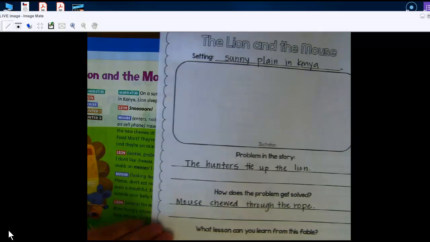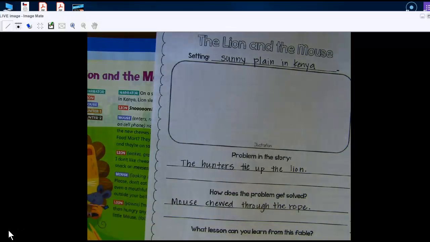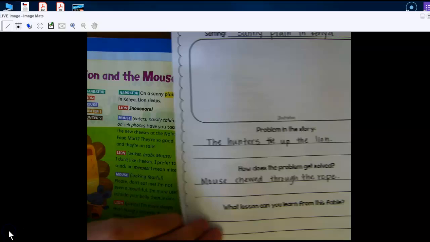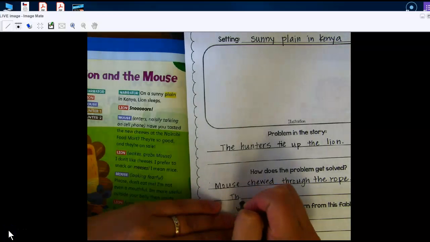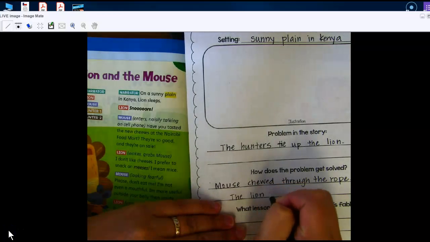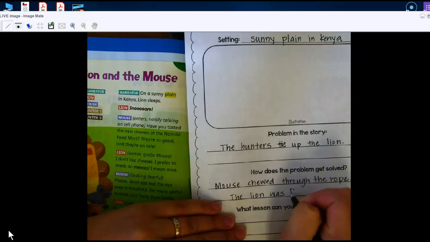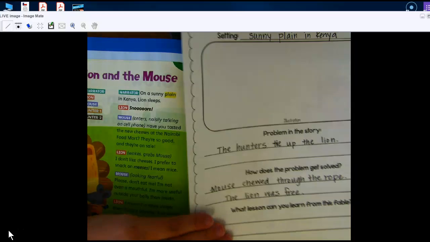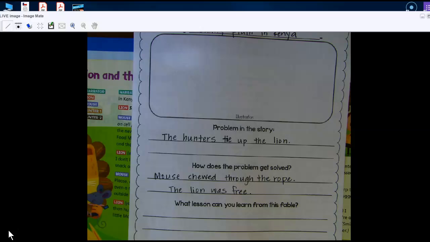The mouse chewed through the rope. So, the lion was free. So, mouse chewed through the rope and the lion was free. Because the problem was they tied him.